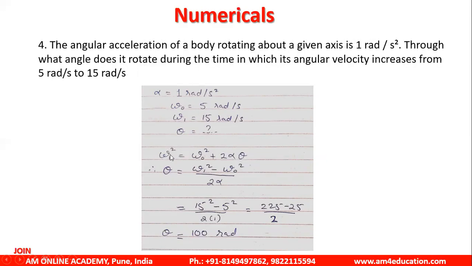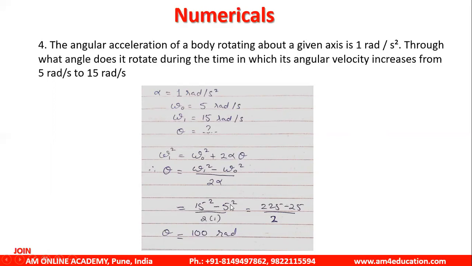So theta becomes omega 1 square minus omega 0 square, and if we keep only theta over here, this 2 alpha will come in the denominator. So theta becomes omega 1 square minus omega 0 square upon 2 alpha.